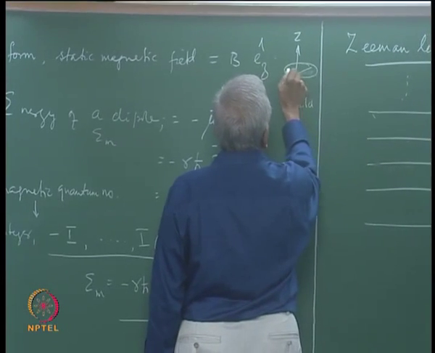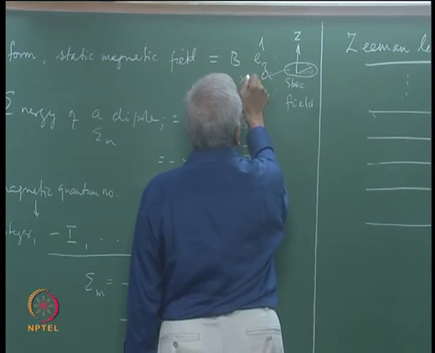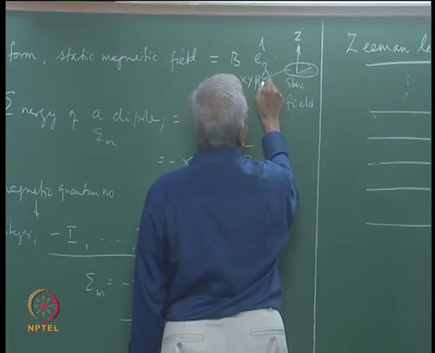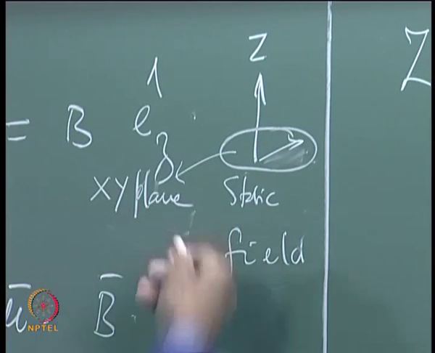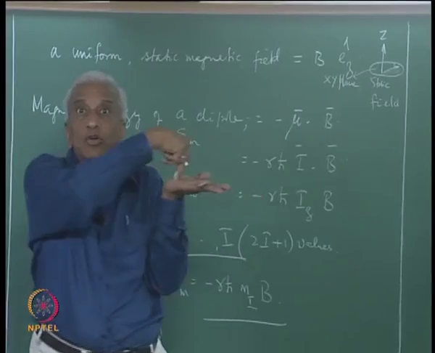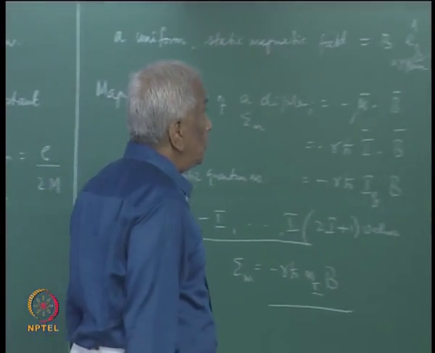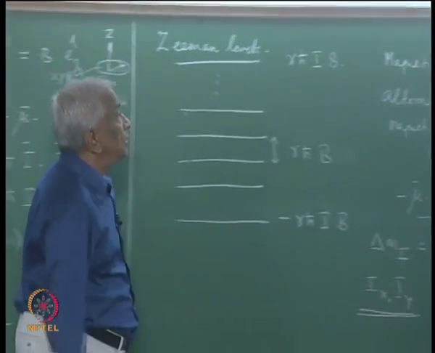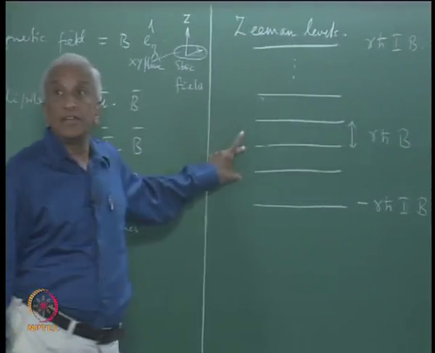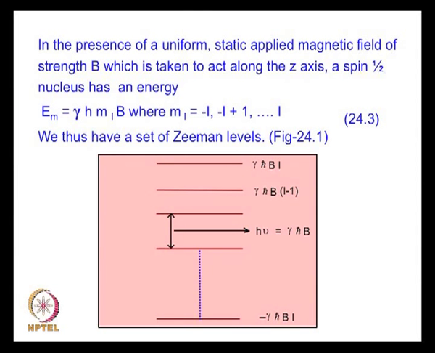So, this is the xy plane. So, the oscillating magnetic field should be directed in the xy plane perpendicular to the z axis. So, this is how a magnetic resonance transition is induced between the adjacent states. So, the figure shows this situation.